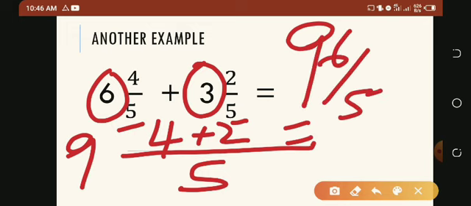6/5. Because the numerator is bigger than the denominator, we change 6/5 to a mixed fraction. 5 here 1, 5 will go in 6 once, remaining 1. So that's 1 whole number 1/5.